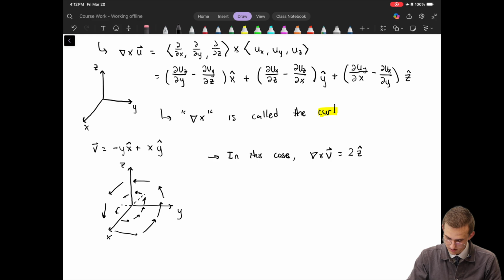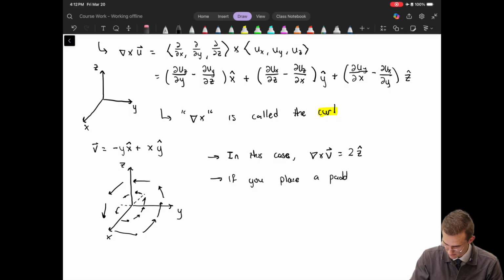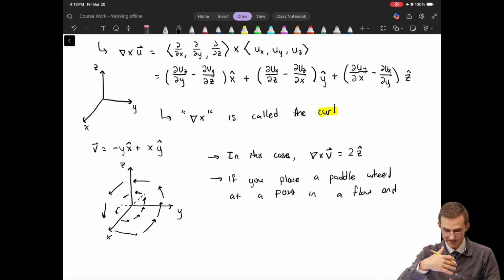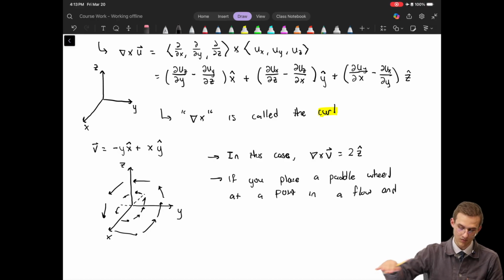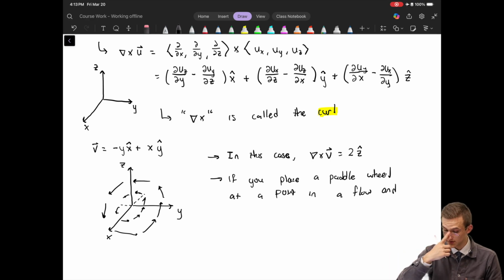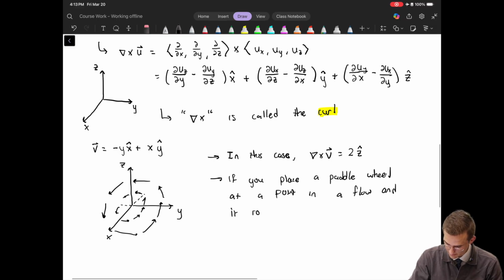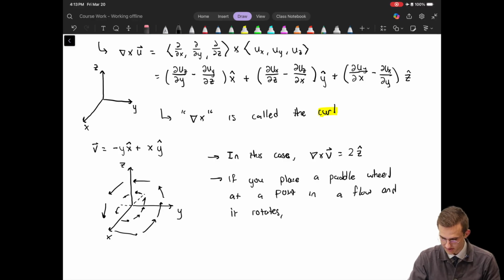Now, one way to think about the curl is that if you place a paddle wheel at a point in a flow, meaning what's being represented by this vector field, where the vector field is telling you where the material in a fluid flow is moving, for example, then that paddle wheel rotates if you place it at a point of non-zero curl.